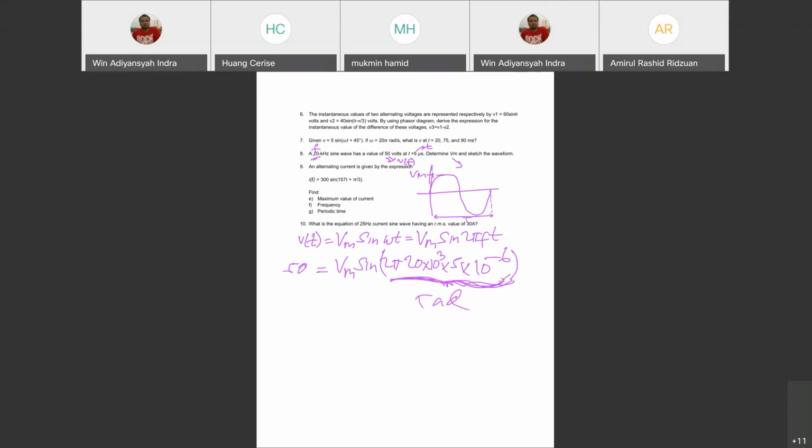Can you find this one first? Sine, what's the value of this one? Use your calculator.